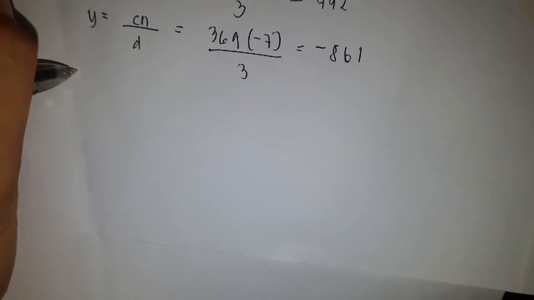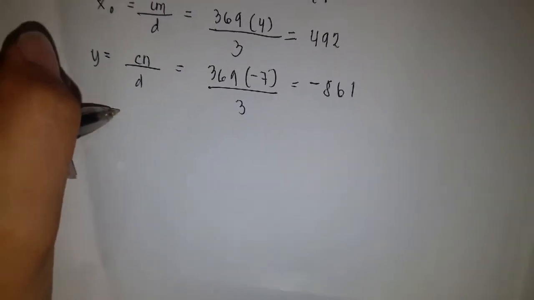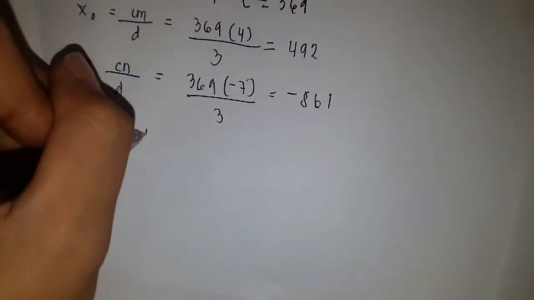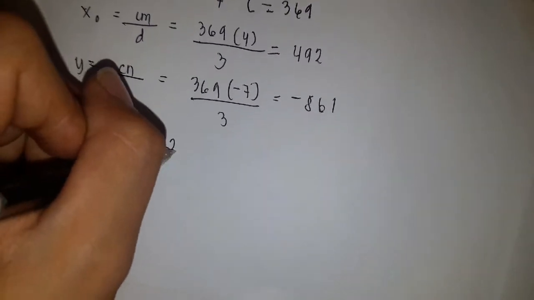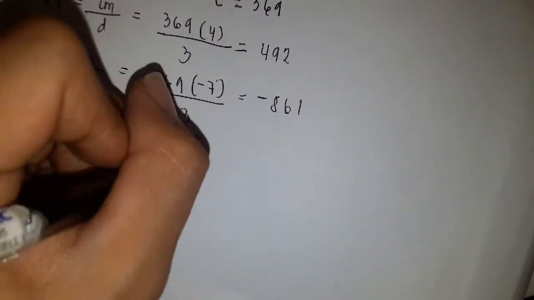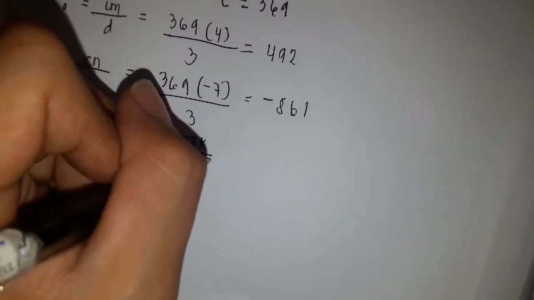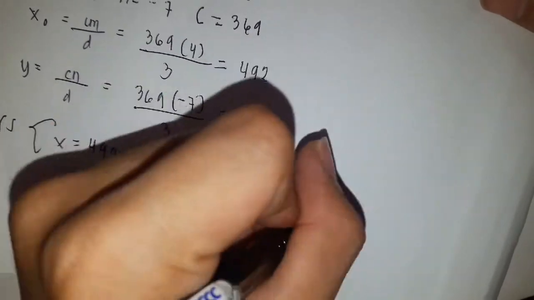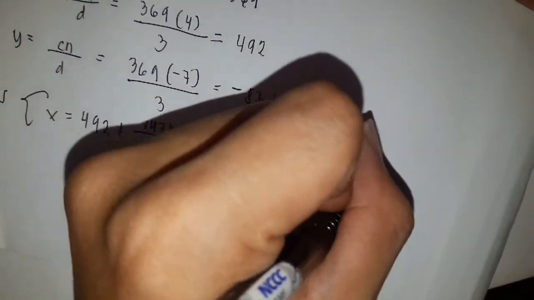So we follow this: x equals 492 plus 147k over 3, and our y is -861 plus 258k over 3.